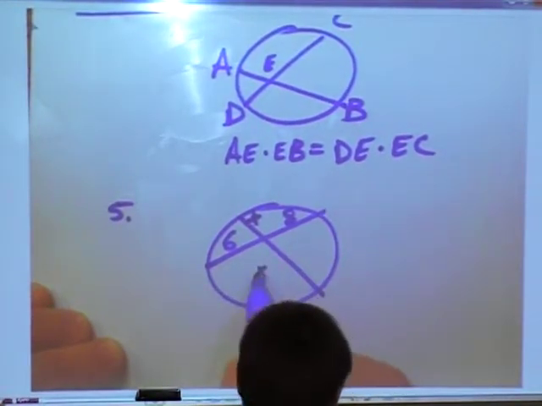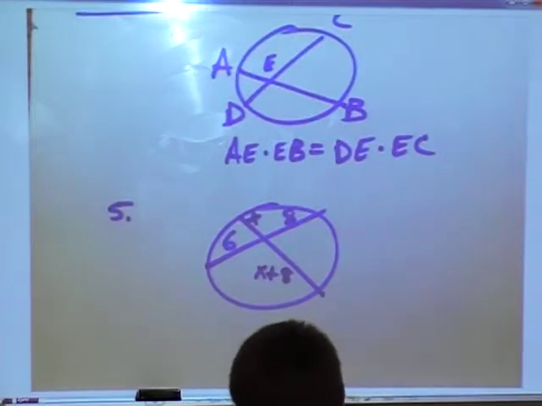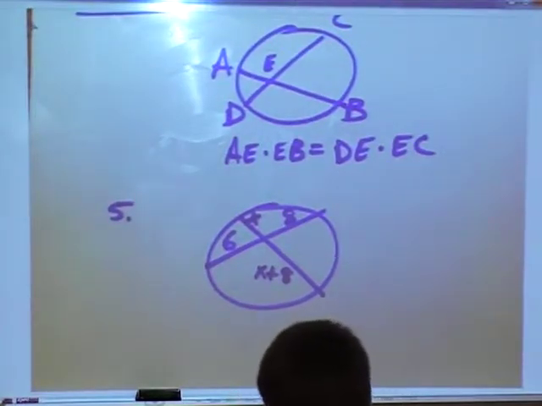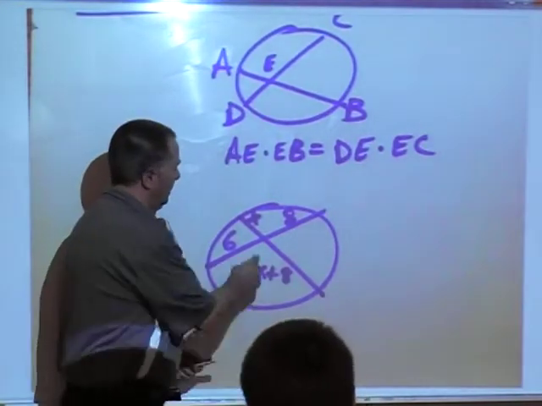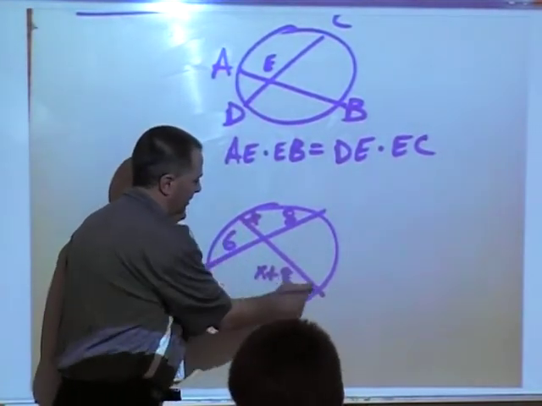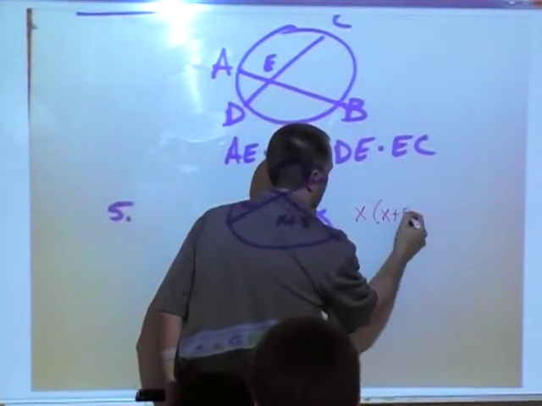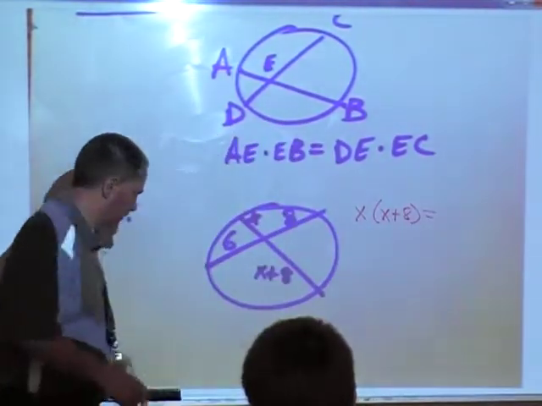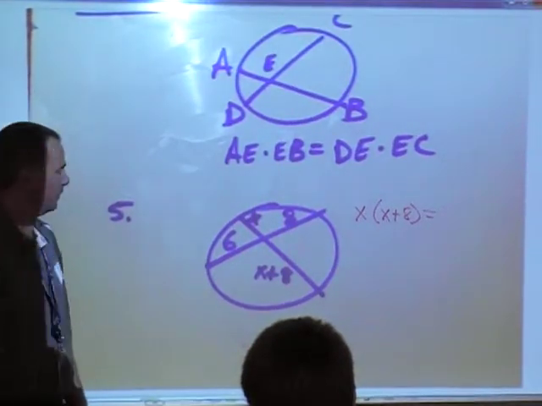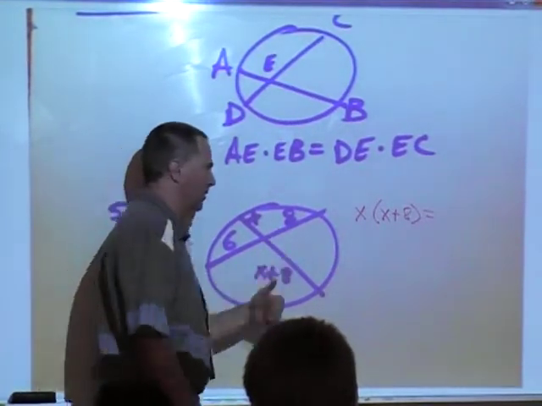And this is x plus 8. Okay, so I'll work this out up here so we can see it. So what this is saying is, this little segment here and this segment, we multiply them together. So x times x plus 8, the product of the chord, is equal to this, 6 times 8.